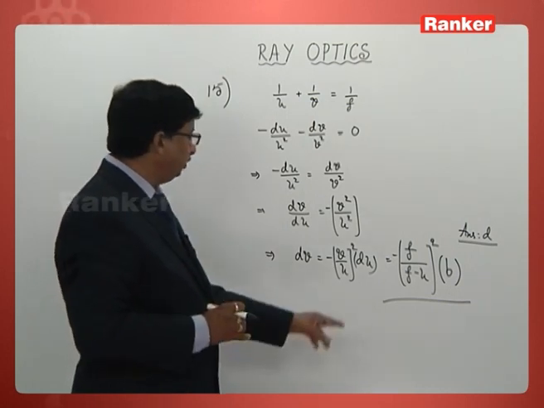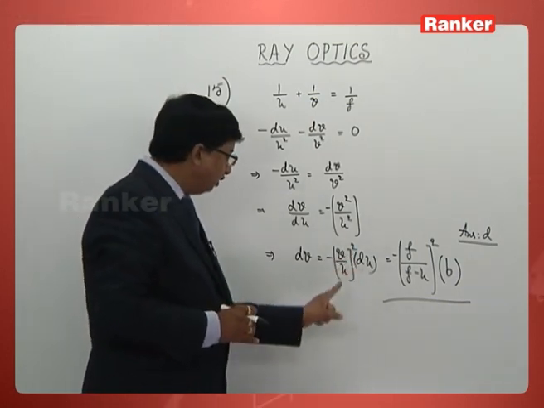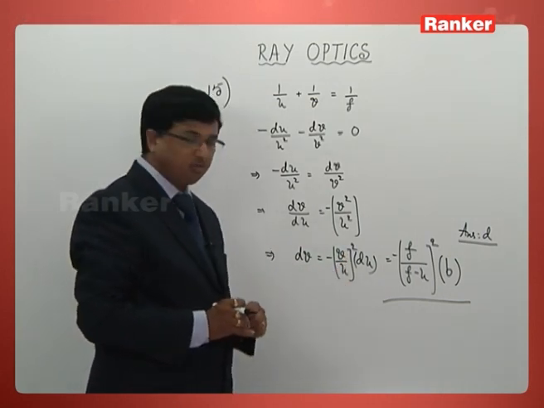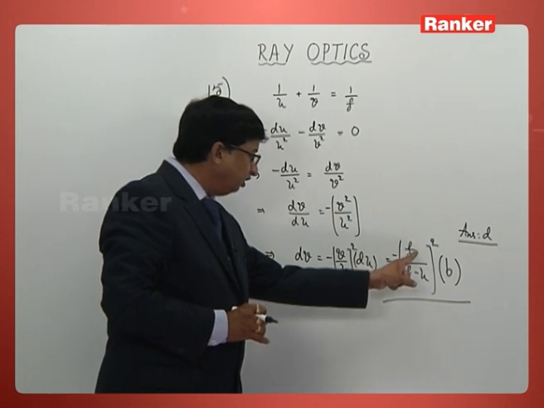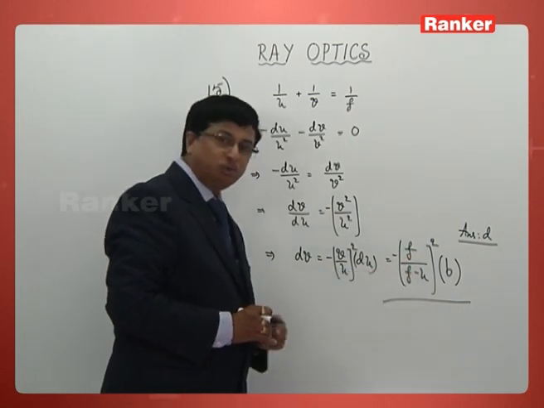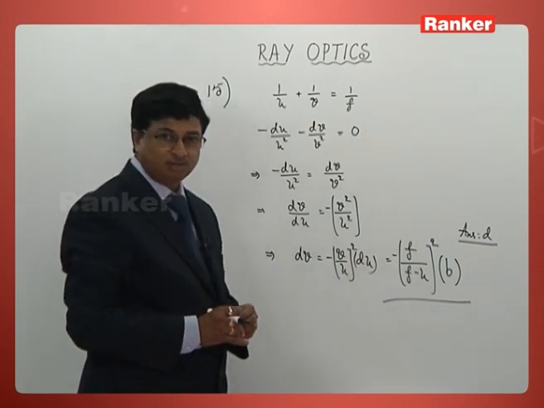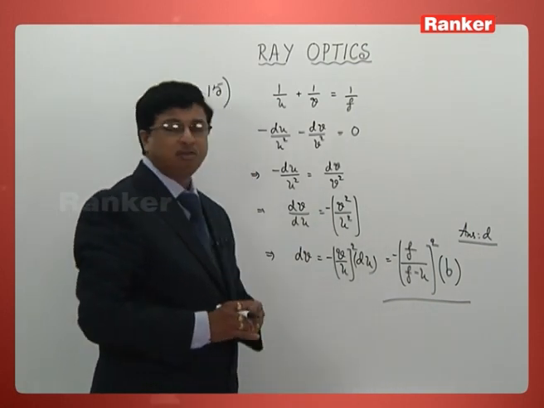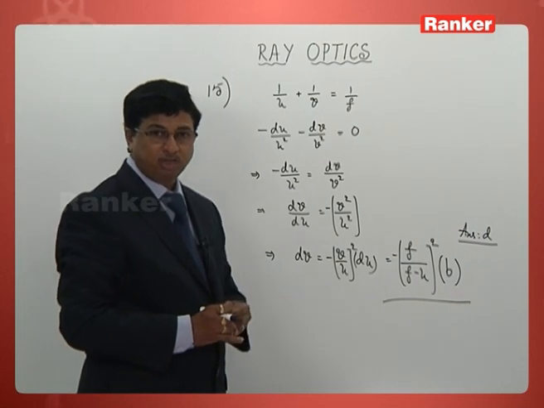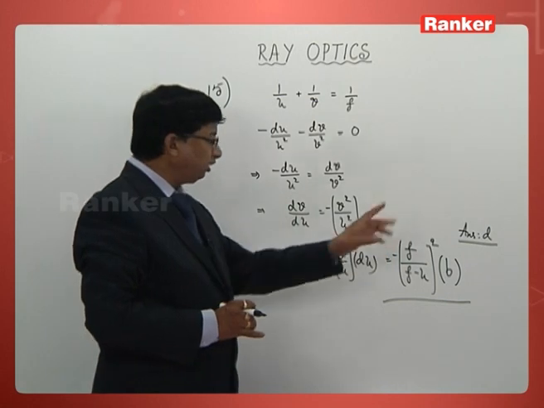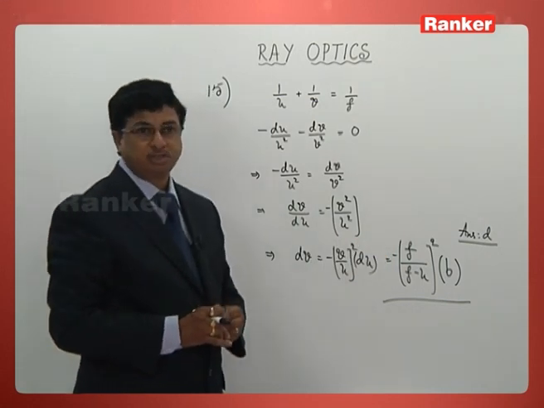The additional formula used in this calculation is V by U, the linear magnification of the image, which can even be written as F by F minus U in terms of focal length and object distance. So this is the calculation we have taken up. This is problem number 15, for which the correct answer is the fourth option.